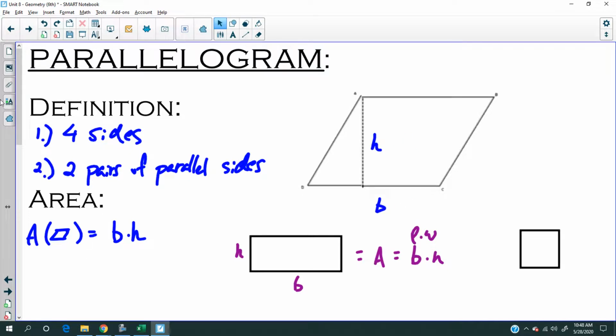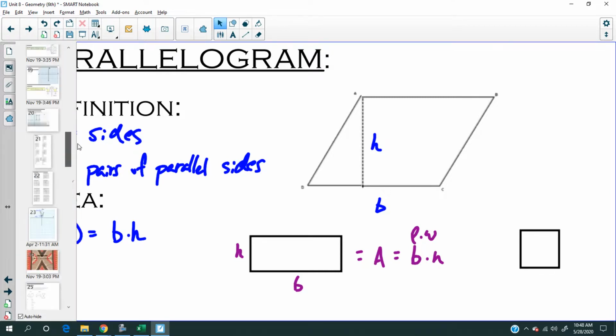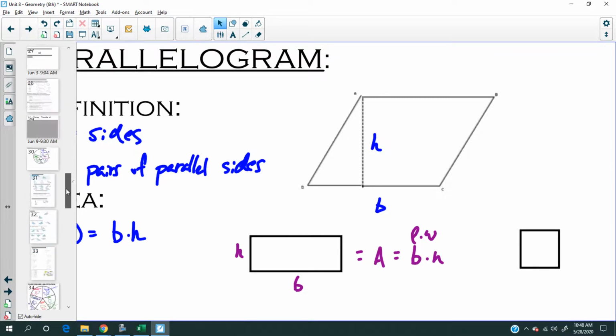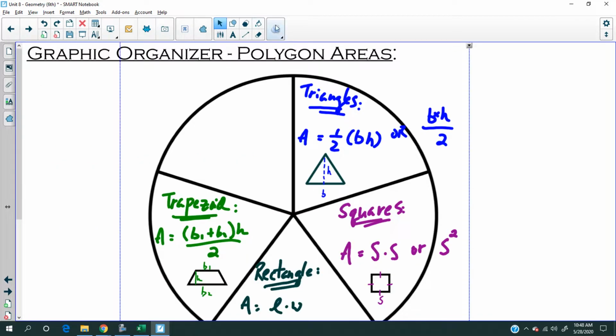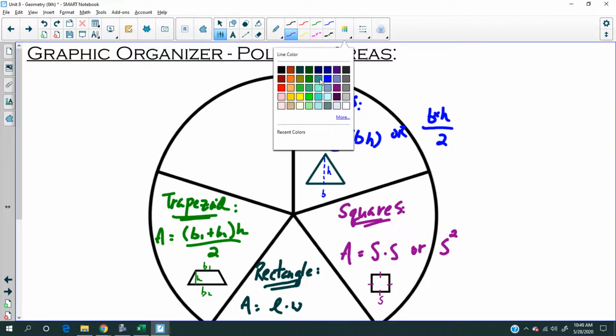Okay, so let's fill that out. Let's go to the graphic organizer. Where is it? Did I miss it? Oh, it's right here. So let's write that in. What's a good color? Something bluish. No, that's too close to the... all right, blue gray.